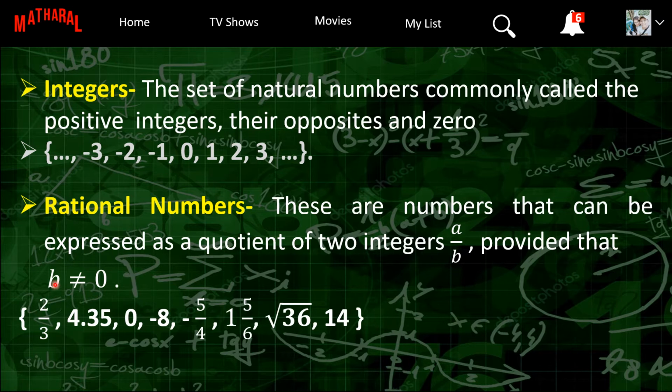So, some of the examples of rational numbers are here, whose elements are 2/3, 4.35, 0, -8, -5/4, -1 and 5/6, square root of 36, and 14. These are some of the samples of rational numbers because there are many examples of rational numbers. So, let's proceed.